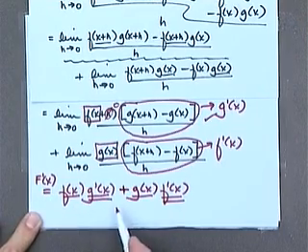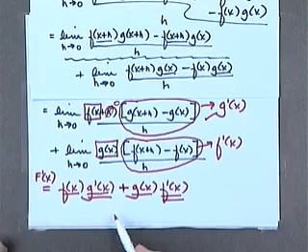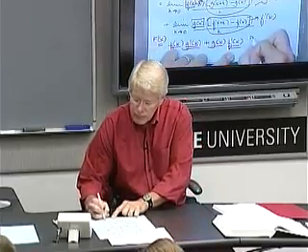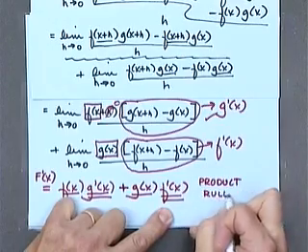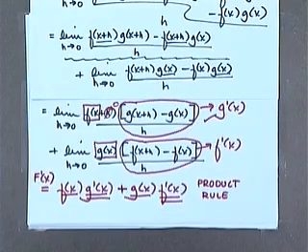So that's our shortcut that we're going to call the product rule. Now, we'll get some examples of that in a second. Let's get the quotient rule, and then we'll get examples of both of them.